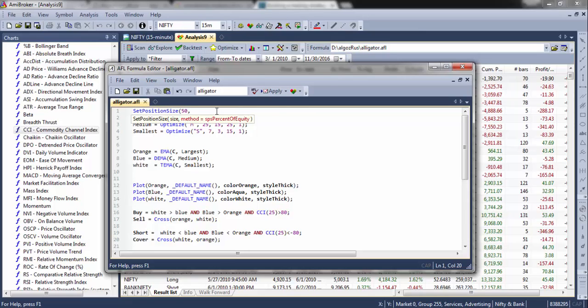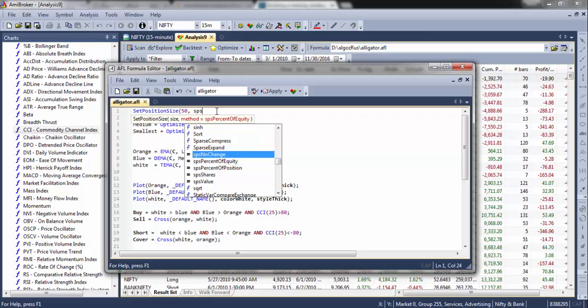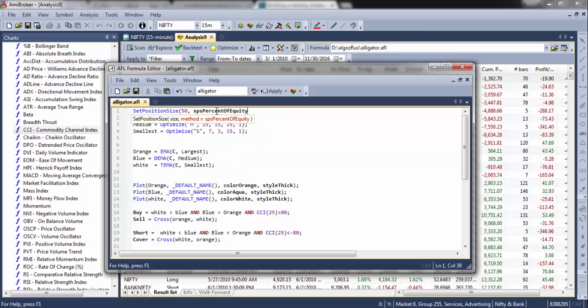This is a percent of equity. So 50, we don't need to write percent because that would be there in the method, percent of equity, and we get it down here.